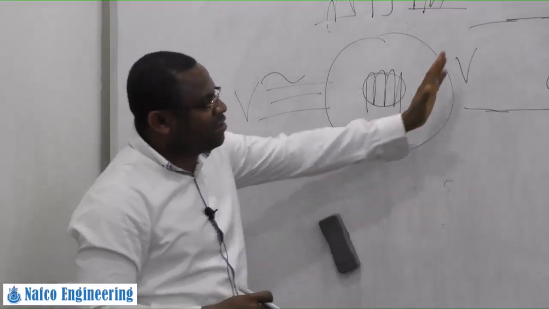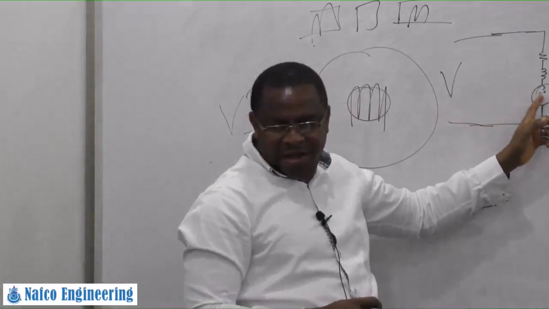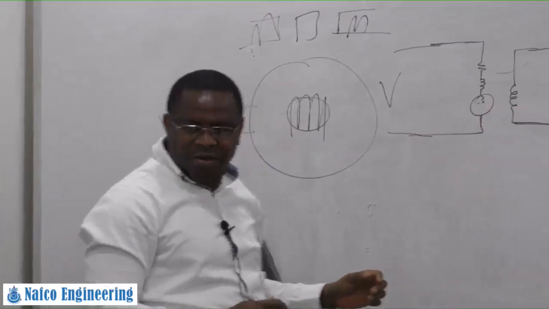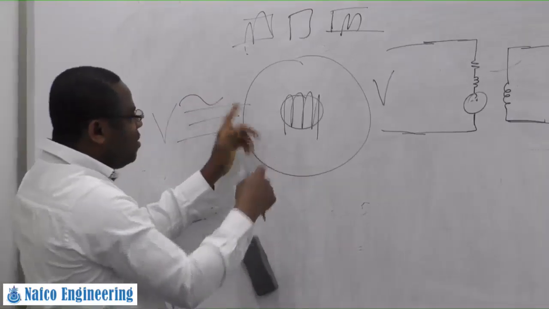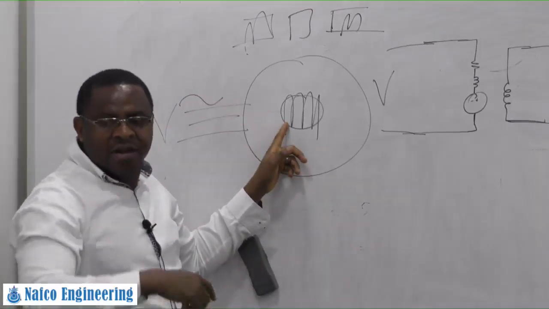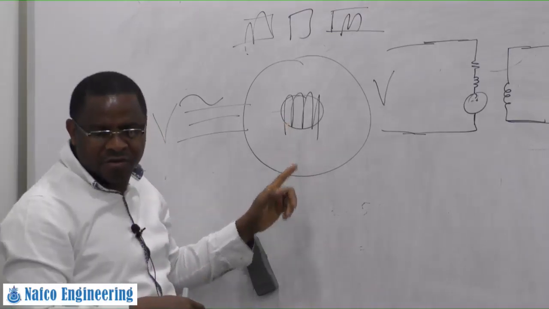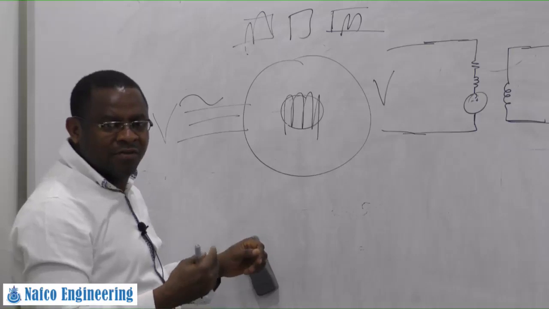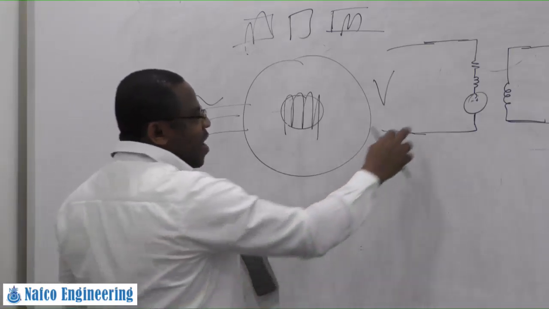So it's a voltage in, and then this is a back EMF. Remember what we said. When a voltage gets in and this is rotating, if we cut across the winding, an EMF will still be induced, and that induced EMF will oppose what is producing it. So you are still going to have a back EMF.